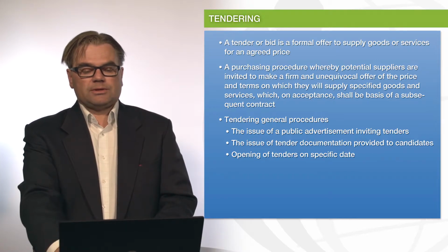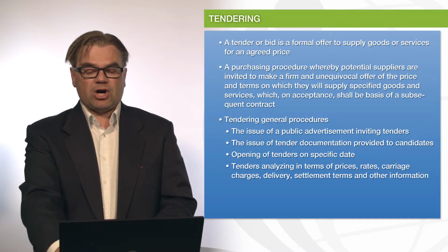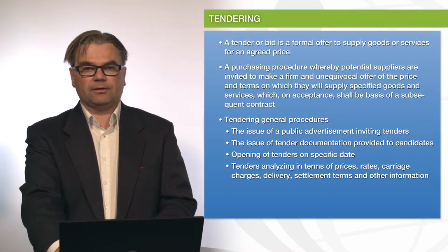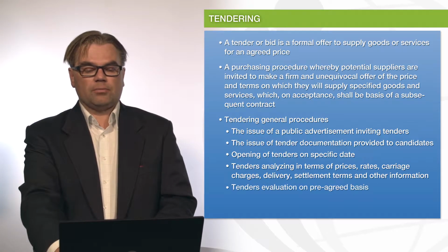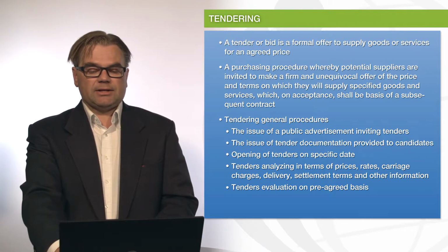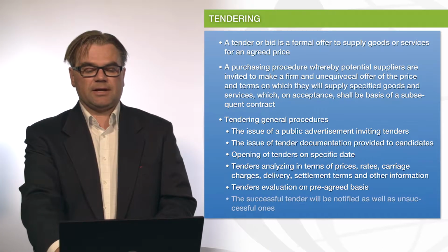Tenders are analyzed in terms of price, rates, carriage charge, delivery, settlement terms and other information relevant to the tender. Then we move to the tender evaluation on a pre-agreed basis. The various supply selection techniques can be applied here. Finally, the successful tender will be notified as well as unsuccessful ones.